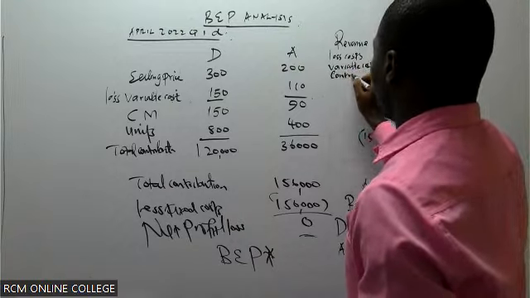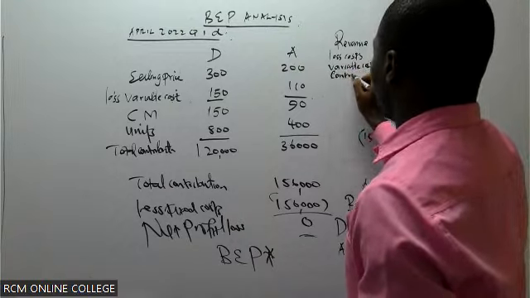Then I less. Or I don't even bring in the contribution thing. I just come and less fixed costs. So I'm told this one here will give me 164,000. And of course, fixed costs, we add 156,000.